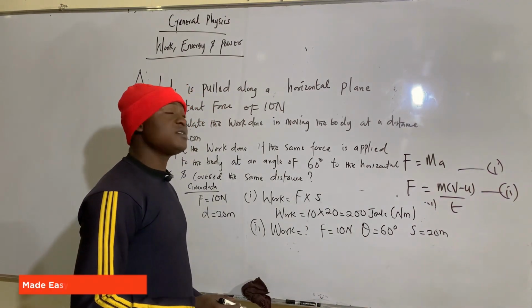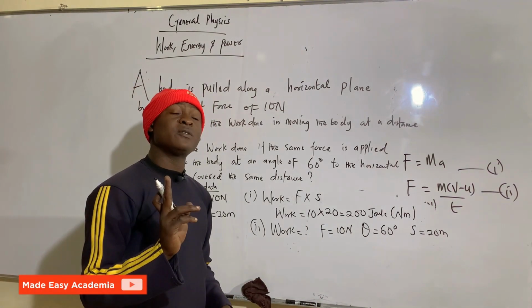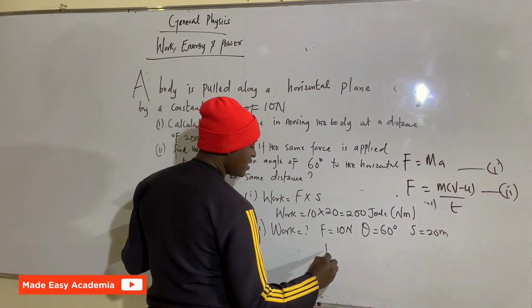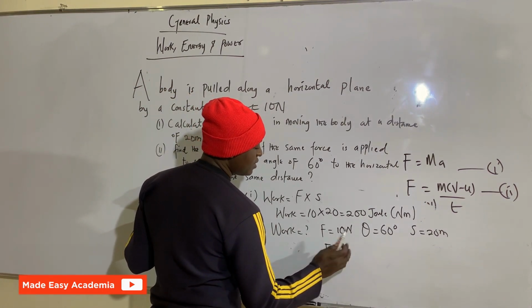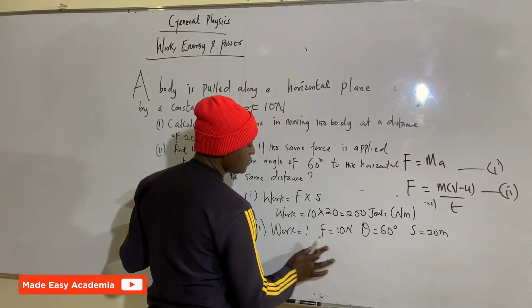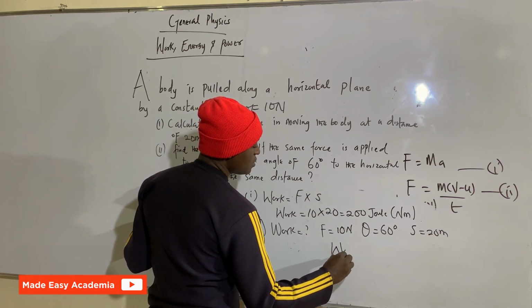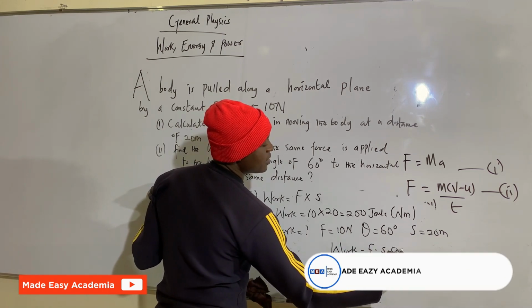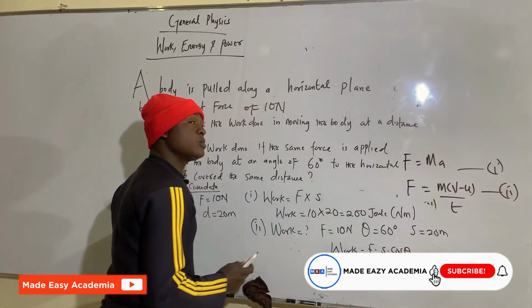So when we know that it is horizontal, we are going to apply the first one or the second one. Work done is equal to force times distance times cos theta, since the angle is included now.